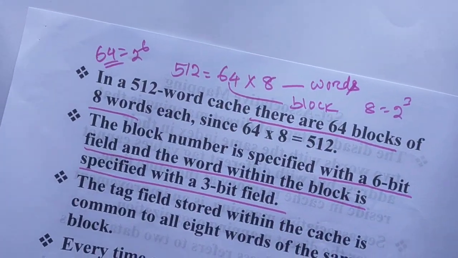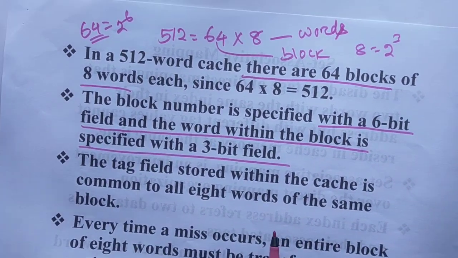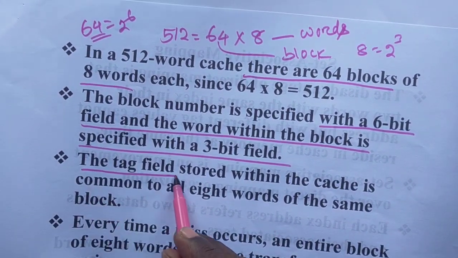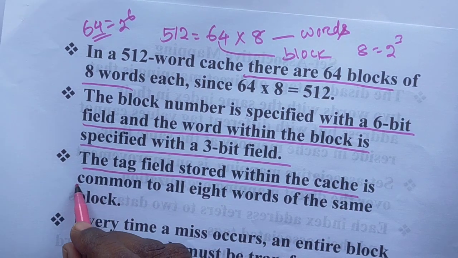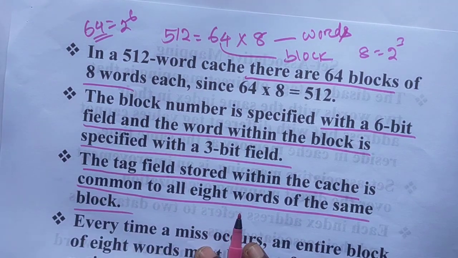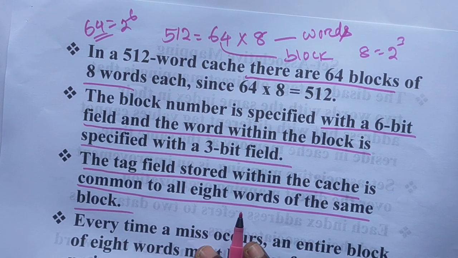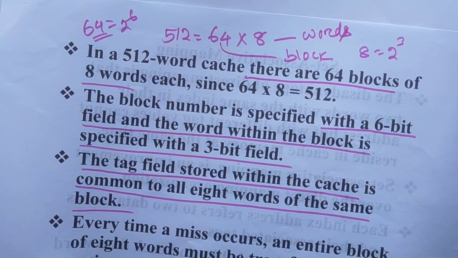Now you see another part is the tag field. The tag field is stored within the cache and is common to the 8 words in the same block, because a block contains the same tag. Why 8 words?